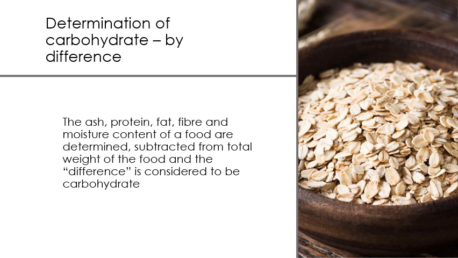on in the lecture, for proximate analysis, we can determine carbohydrate by difference, where once we have determined the ash, protein, fat, fiber, and moisture of the food, you subtract these from the total weight of the food, and the difference is considered as carbohydrate.